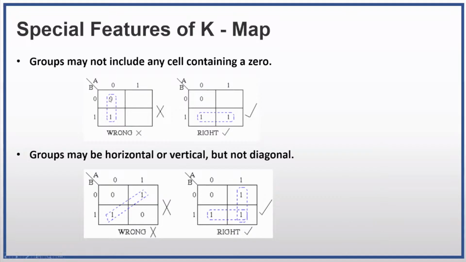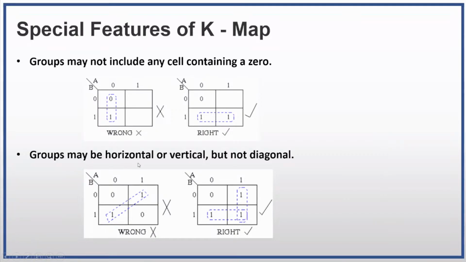You can see in this one, this grouping contains a 0. But a grouping like this does not contain a 0 cell. So this is the right way.